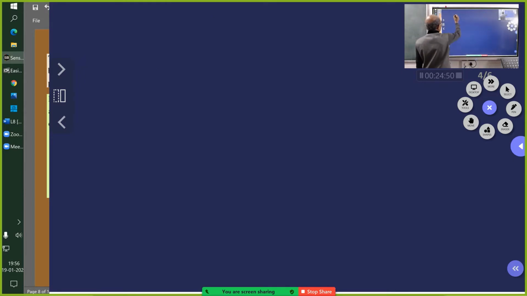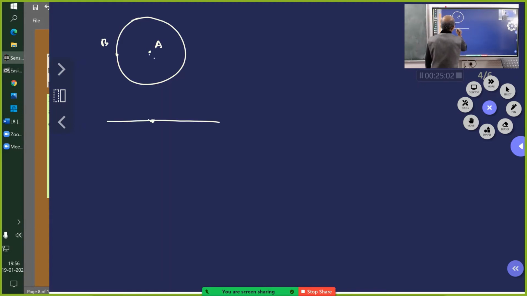Understand this problem carefully. This is A and B, and this is point O. B now goes to some other point, say B dash. This is the angle made, so this angle is theta.